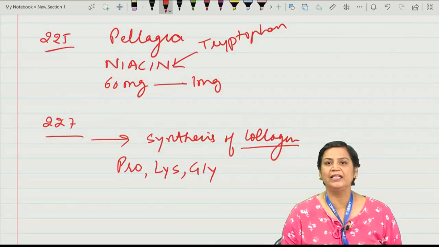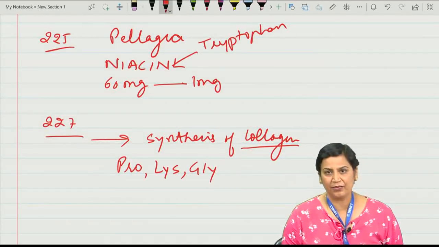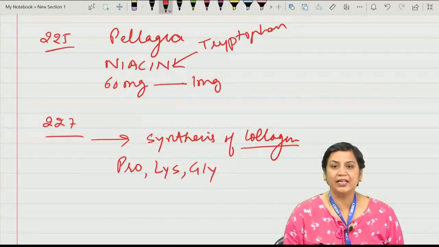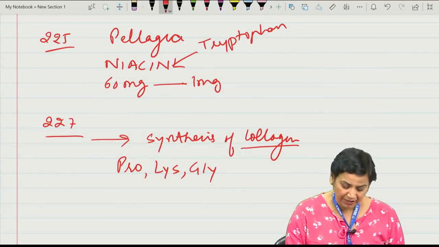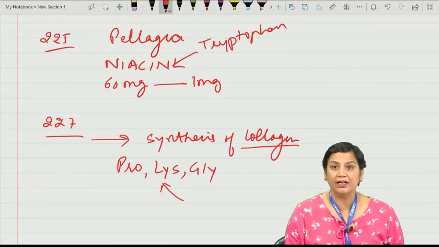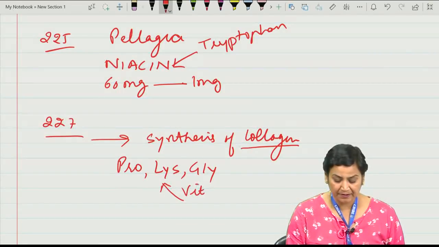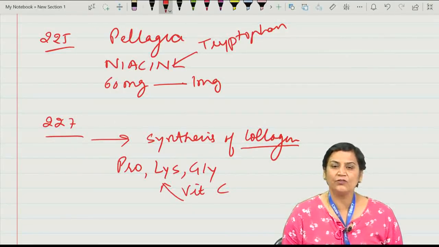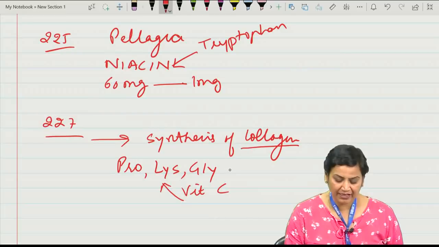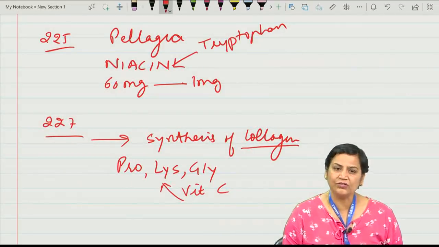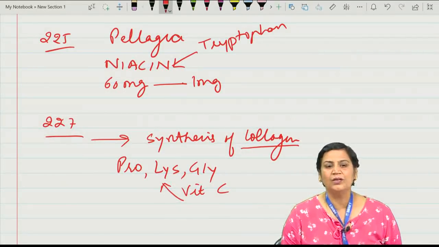The repeats of proline, glycine and lysine are present, and they are also present in their hydroxylated form. And hydroxylation of these 3 requires vitamin C. Deficiency of vitamin C will lead to defective hydroxylation of all the 3 amino acids, leading to scurvy.